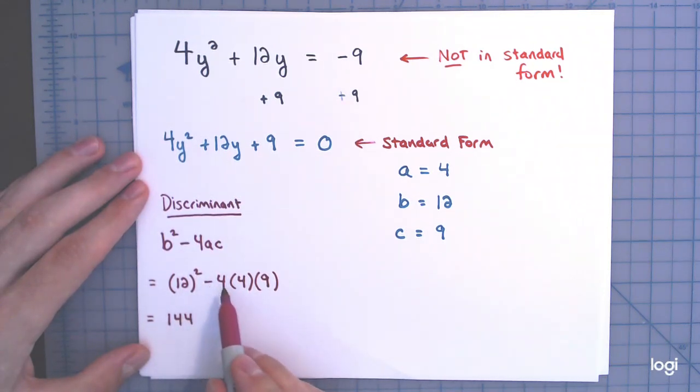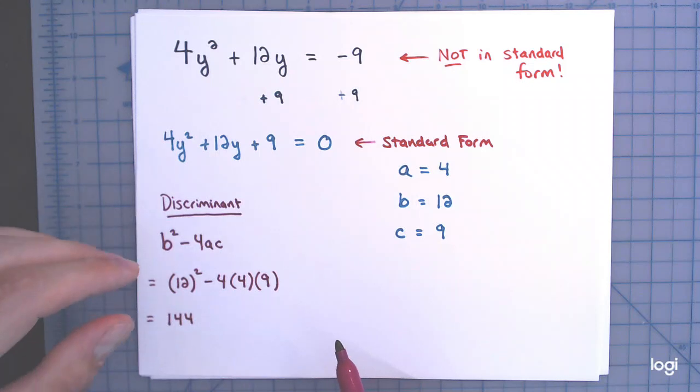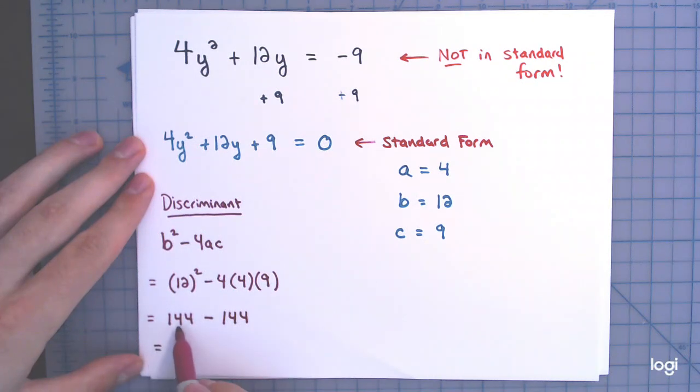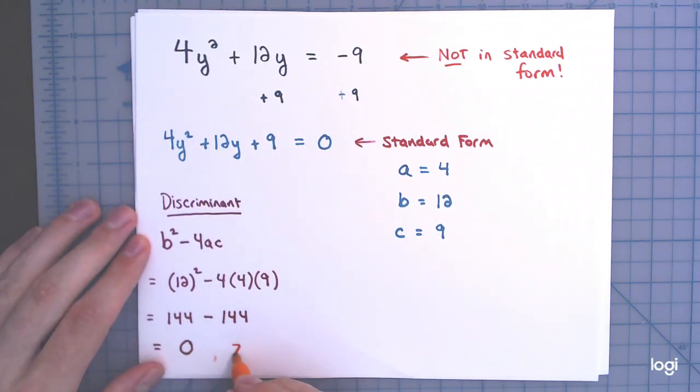Then, minus 4 times 4 is 16, and 16 times 9 is 144 again. I mean 90 plus 54. So I'm getting 144 minus 144. So the value of the discriminant is 0.